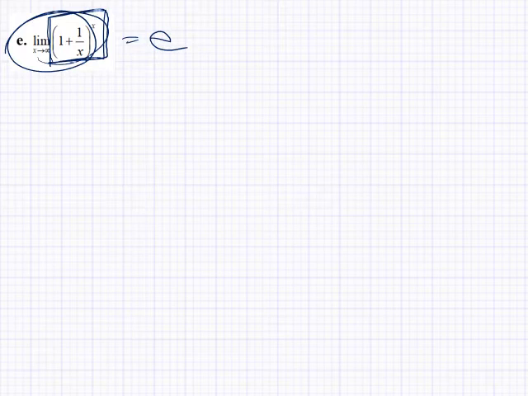And what ultimately happens here is this limit is the definition of e, that natural exponential number. And it arises from the continually compounded interest formula, where you compound your interest infinitely many times over the course of a period.